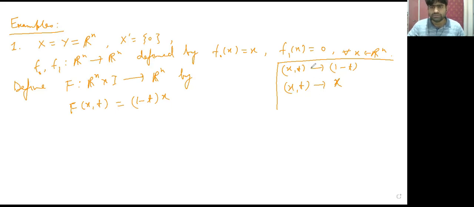So this is a map from R^n cross I to R, and this is a continuous map. And this is a projection map, so this also is a continuous map. And here you have multiplied these two, right?